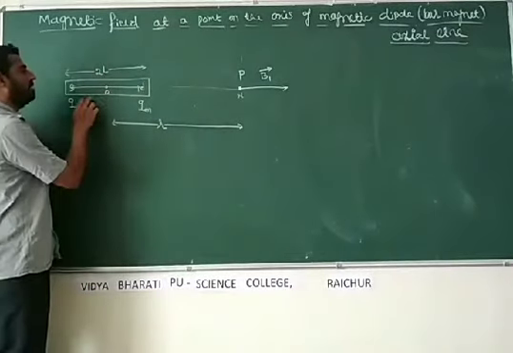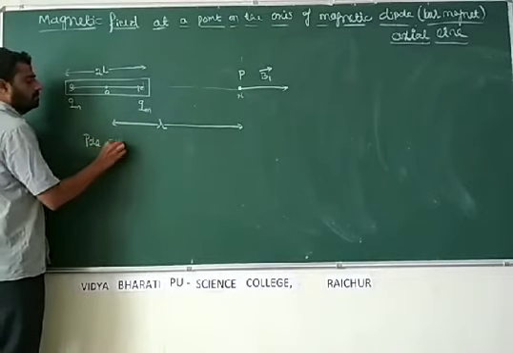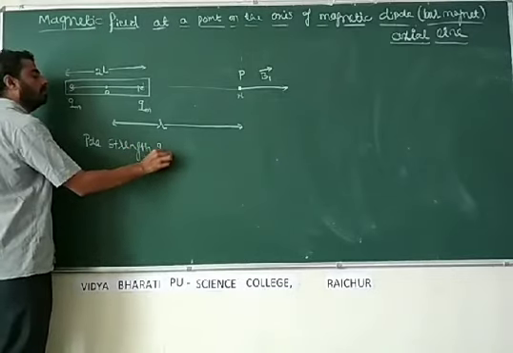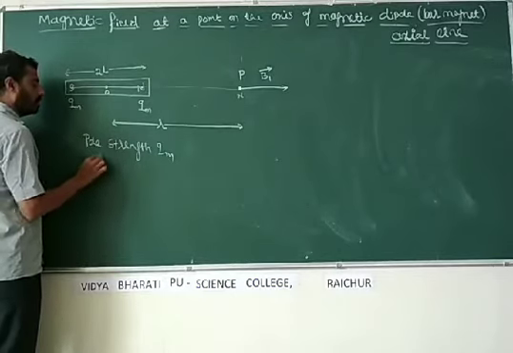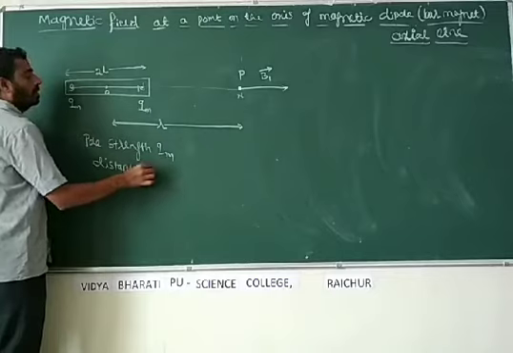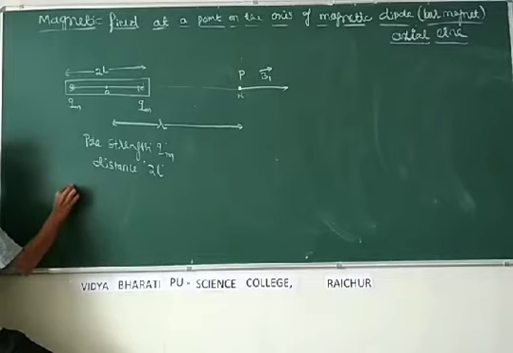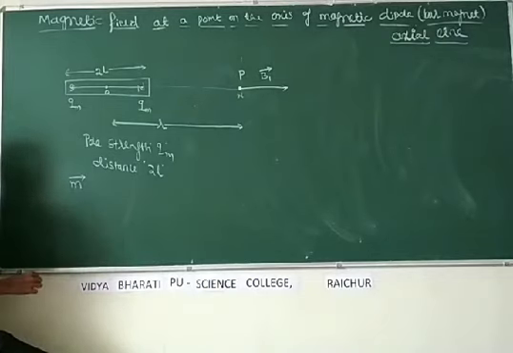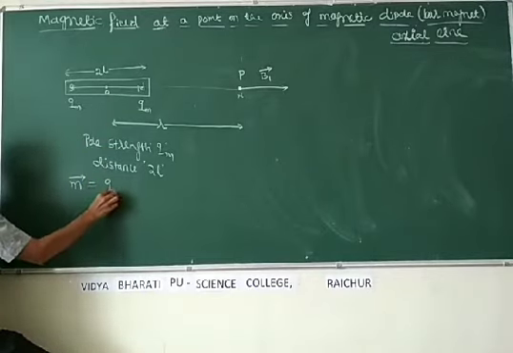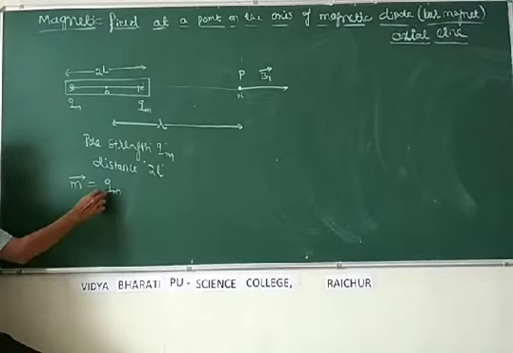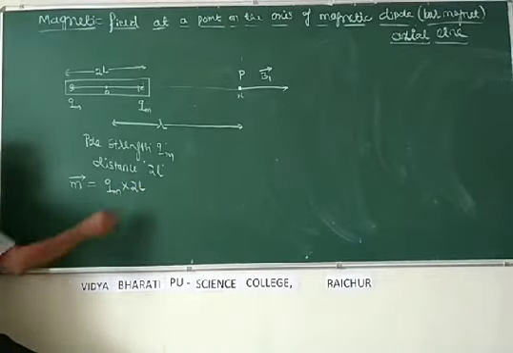Now, here is considered a bar magnet of pole strength Qm, and the distance between the two poles is 2L. The magnetic dipole moment is measured by the product of either of the pole strengths, north or south pole strength, into the distance between the two poles, given as 2L.